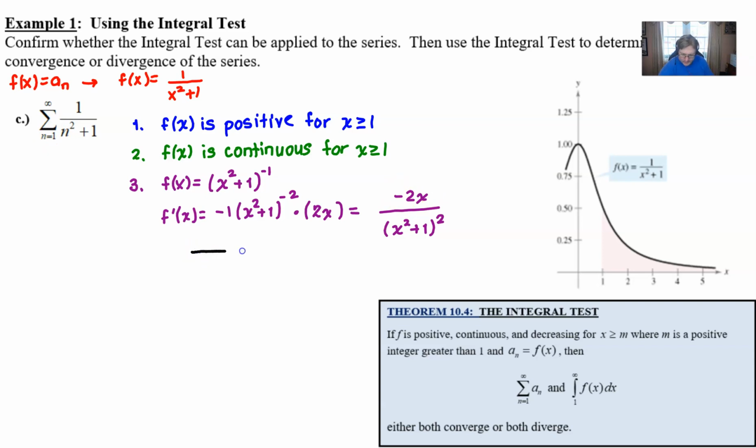And then if we just test along the interval from 1 to infinity, something like, I don't know, 2 sounds good to me, f prime of 2 is going to be negative 4 over 5 squared, and I'm quite sure that that's negative. And so I feel quite sure that f of x is decreasing.